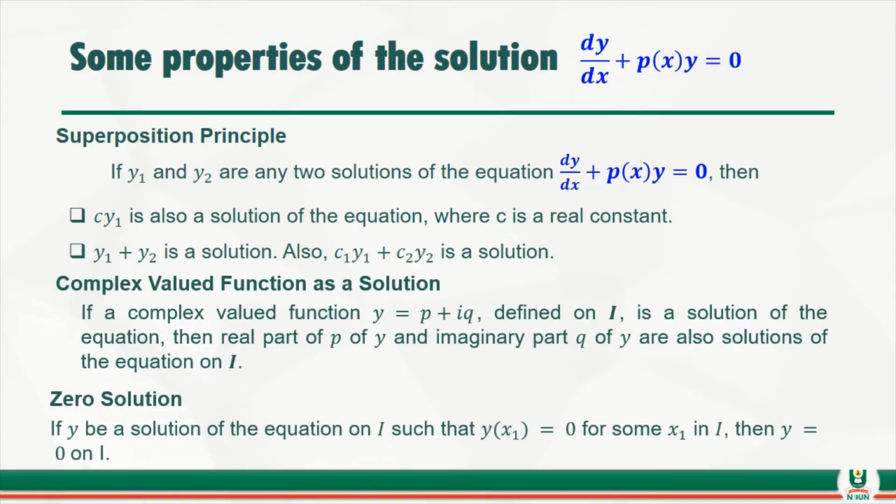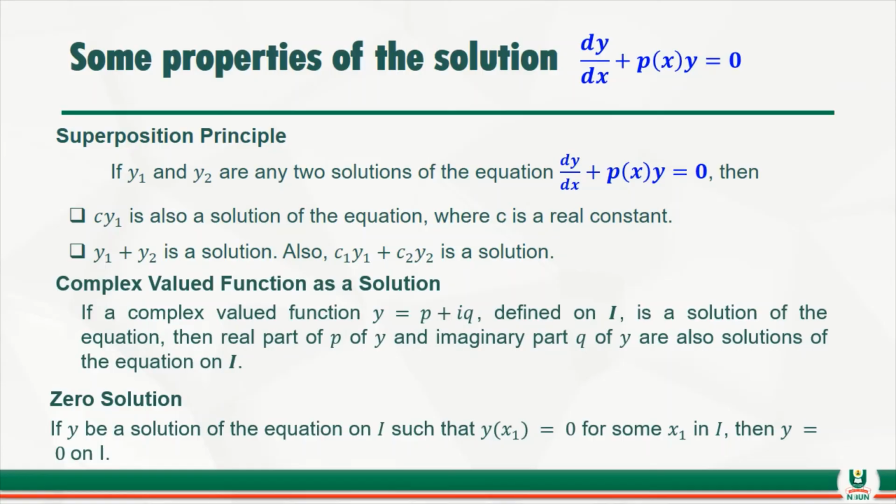The next thing we're going to study now is called the zero solution. In this case of zero solution, if y is a solution of the equation on an interval I, we call it a zero solution in the sense that if there's a point on the interval, on the independent variable x, such that if you put that point into the solution you have zero, then it means that y, which is the solution, is also zero on that I. We refer to this as the zero solution.